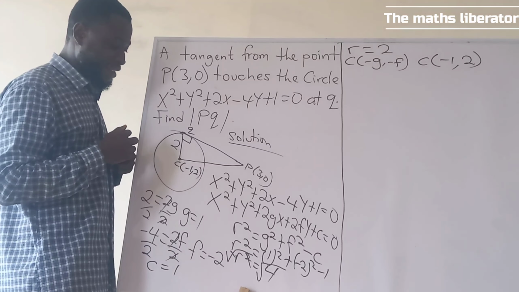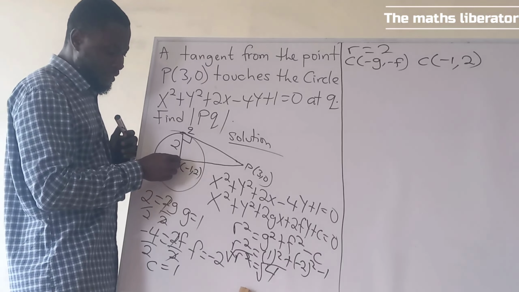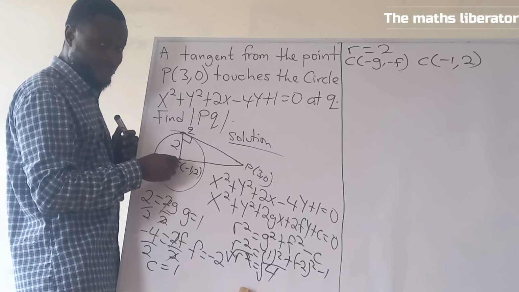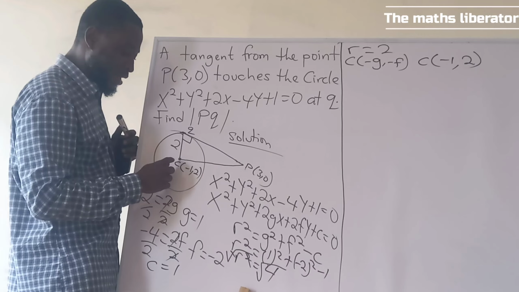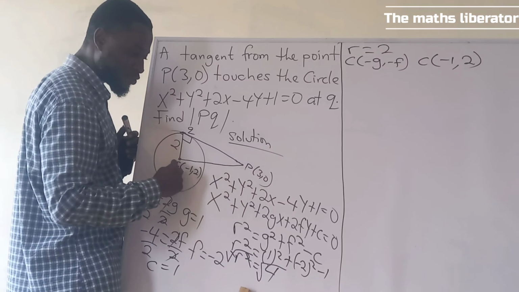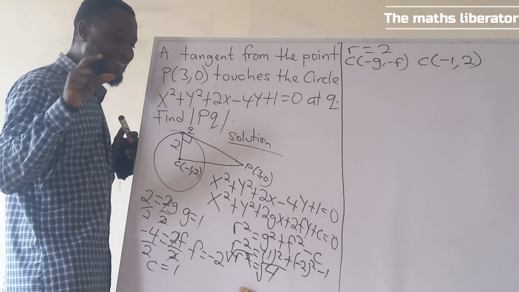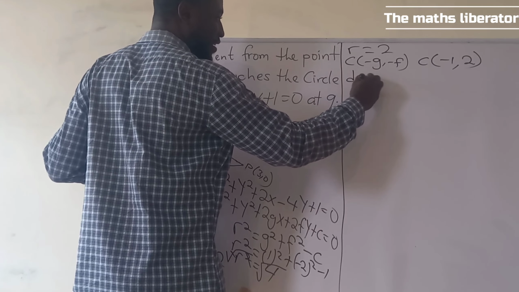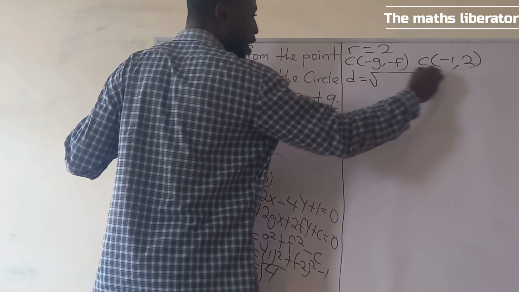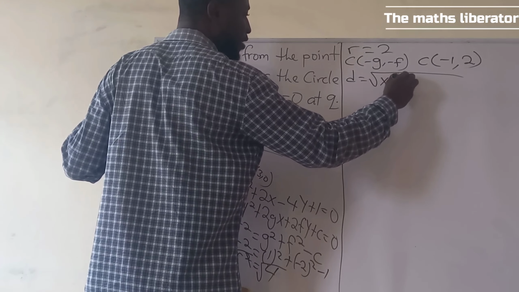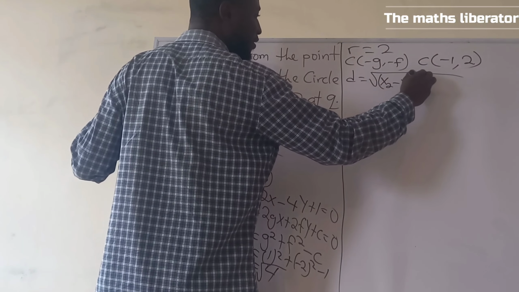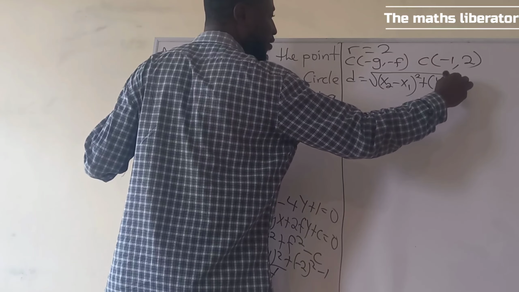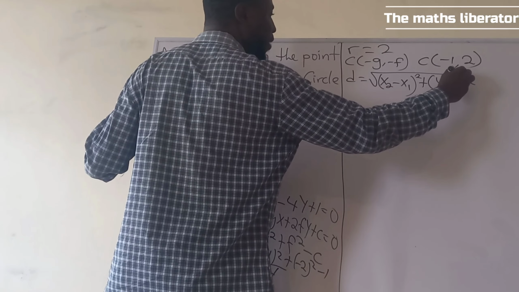After getting the center, I have the external point and the center. So I can use the distance formula to get the distance between these two points: distance equals square root of (x2 minus x1) all squared plus (y2 minus y1) all squared.